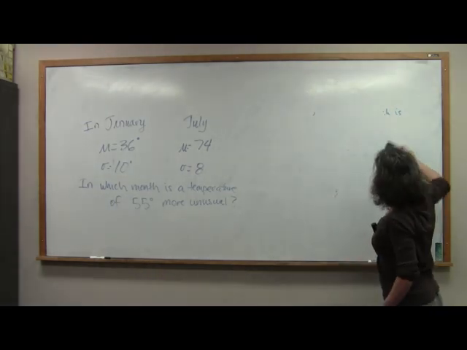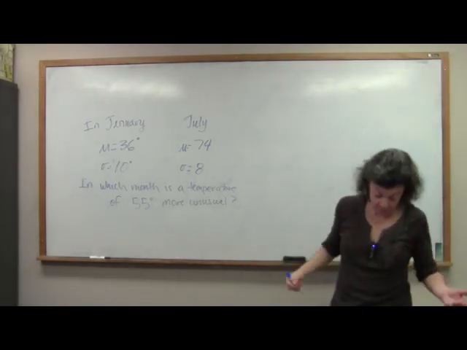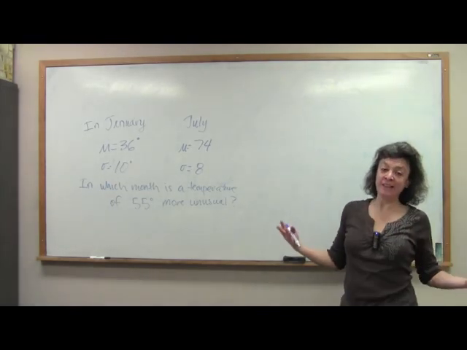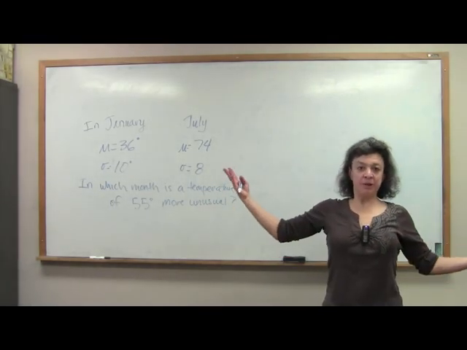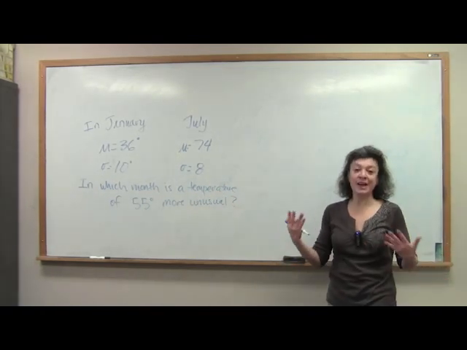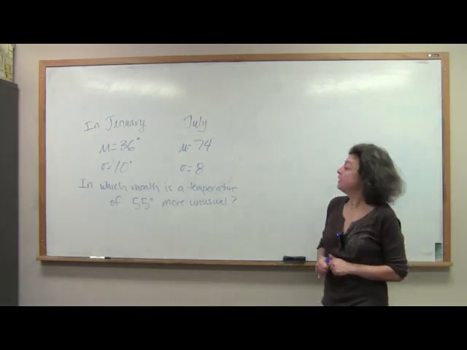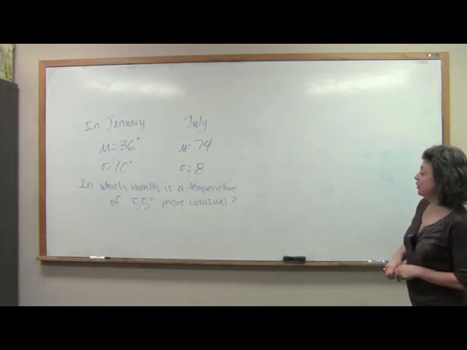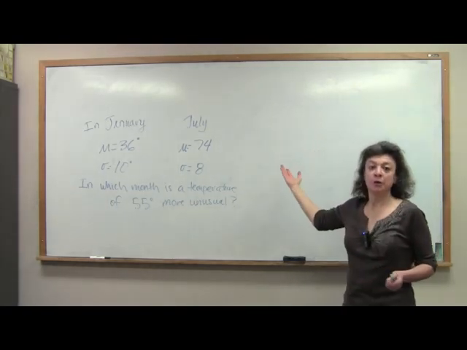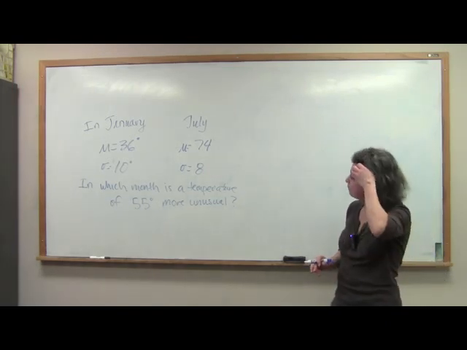So these z-scores can actually tell us how unusual our data value is. Now, how far away or how big or small does your z-score have to be in order to be deemed as unusual? Well, that depends upon the type of distribution that you're looking at, okay? So what I want to know is in which month, specifically in this town, would a temperature of 55 degrees be more unusual, okay?